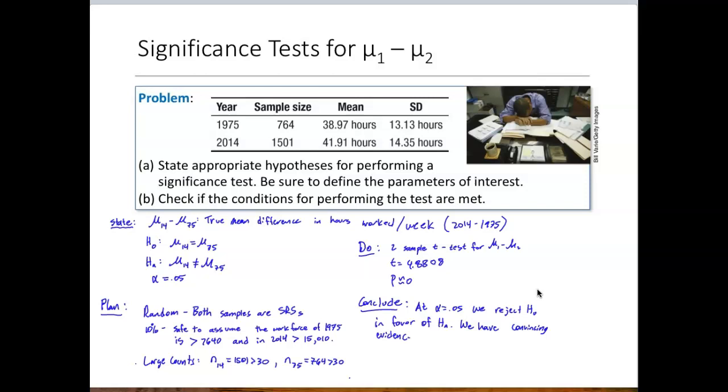Excellent. So I'm going to say we have convincing evidence that there is a difference in mean work time per week. And I'll just do in parentheses 2014 minus 1975.